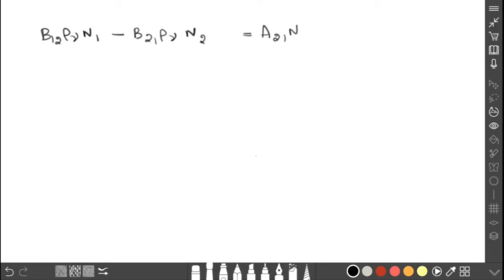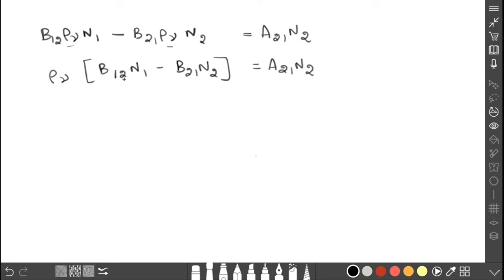Here in the left hand side, rho nu is common, so I am taking it out. The first term will be B12 N1 minus B21 N2, which is equal to A21 N2. I'm going to keep this rho nu on this side, remaining all the terms will go to that side.